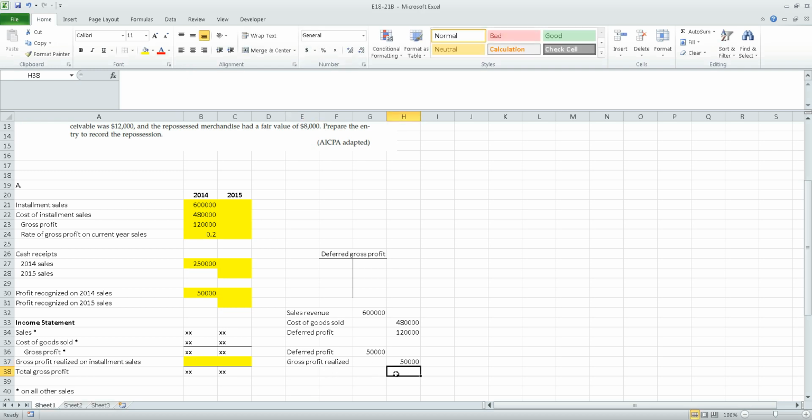Okay, so let's update our deferred profit T account here to reflect all this. We've got a credit here of 120,000. That's the profit deferred on 2014 sales. And then we're going to debit the account for this $50,000 here, which is the profit that we're going to recognize.